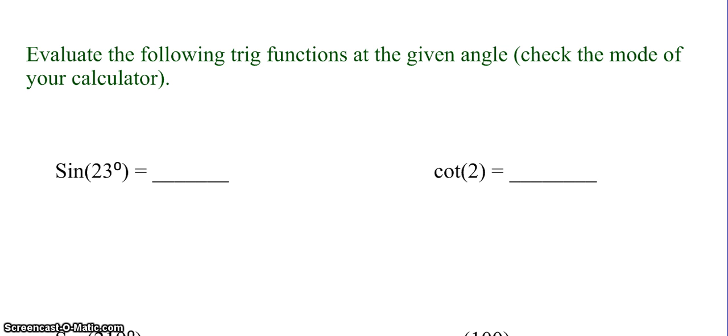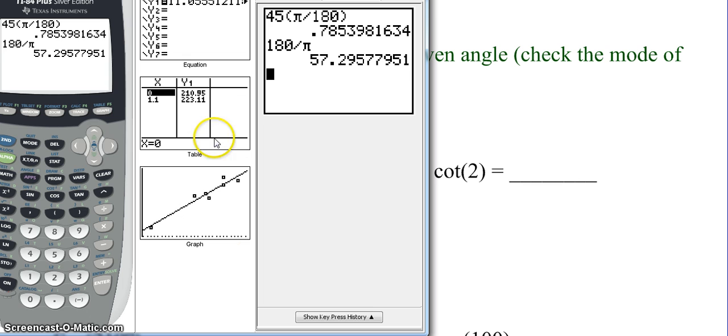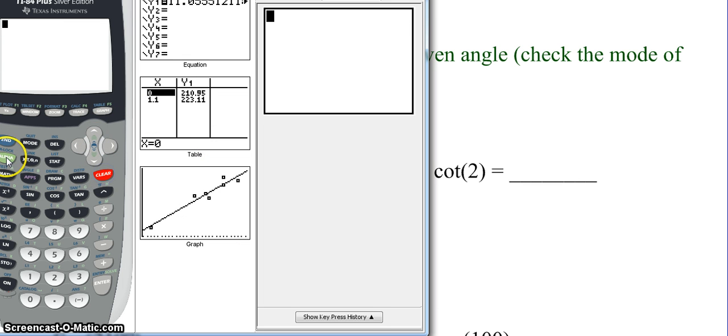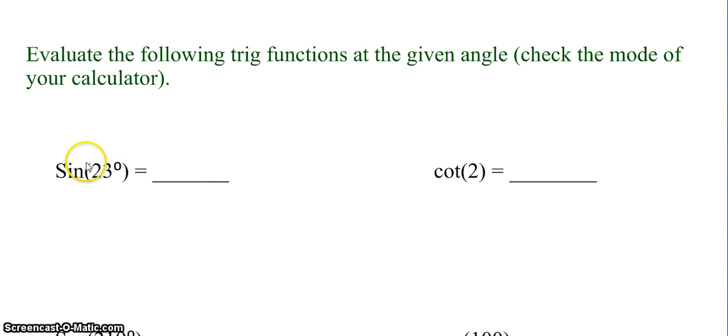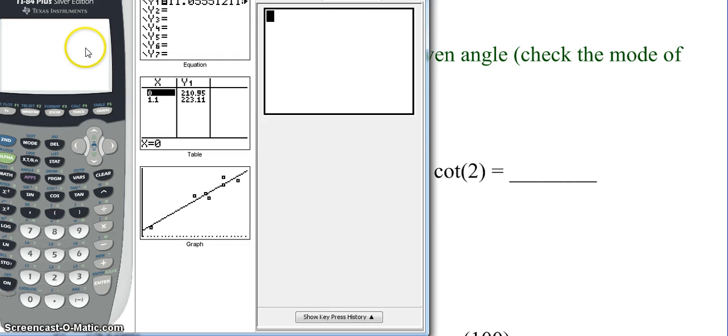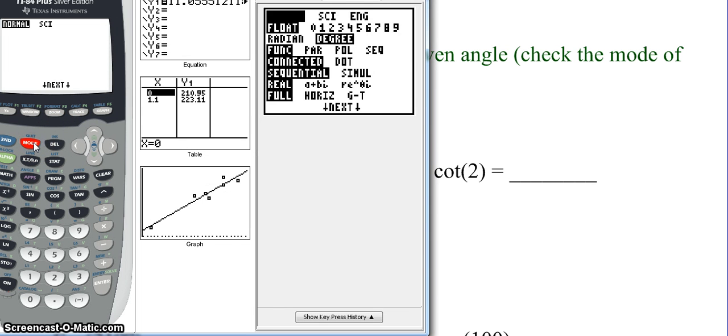So how do we use the calculator for this? Well, if I want to evaluate the sine of 23 degrees, I'm going to go to my calculator, and here we have to pay attention to the mode that we're in. Since I'm going to input degrees into the calculator, I need my calculator to be in degree mode. So I'm going to go to mode, and here I have normal, float, and then I have radian or degrees.